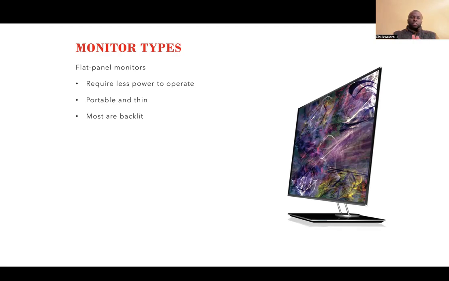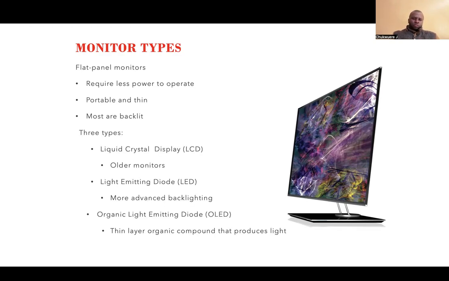Your flat screen television at home is a typical example of a flat panel monitor. With these, there are different types. You have liquid, you have your light, and you have your organic. Okay, these are different kinds of monitors.